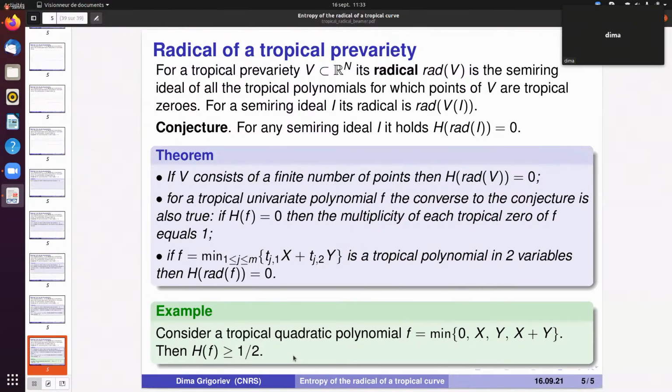Actually, the students in St. Petersburg tried to compute some examples, but they were able to compute only for very small dimensions because it's a quite complicated tropical linear system. I see.